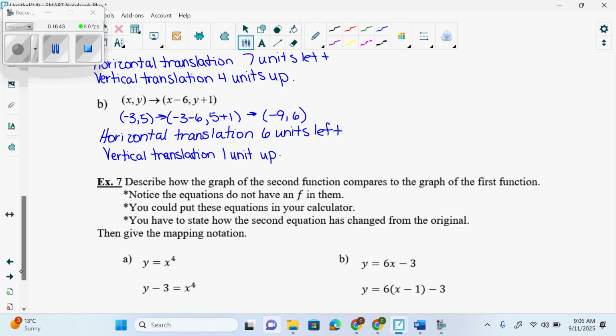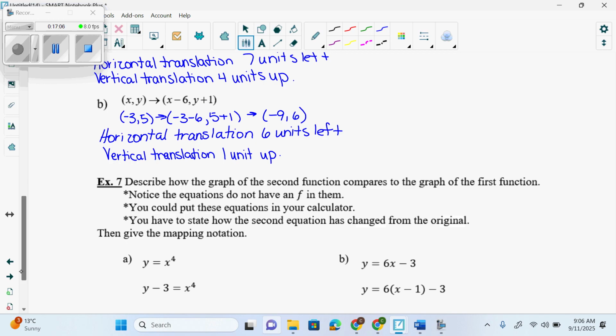But look at these. This here is actually a quartic function. It's x to the 4, which we will be dealing with. Is there an f in this one? No. So could I actually look at what that one looks like and put it in my calculator? Sure. That is your difference. It has an f in it. It's transformations that you can apply to any function in the world, correct?